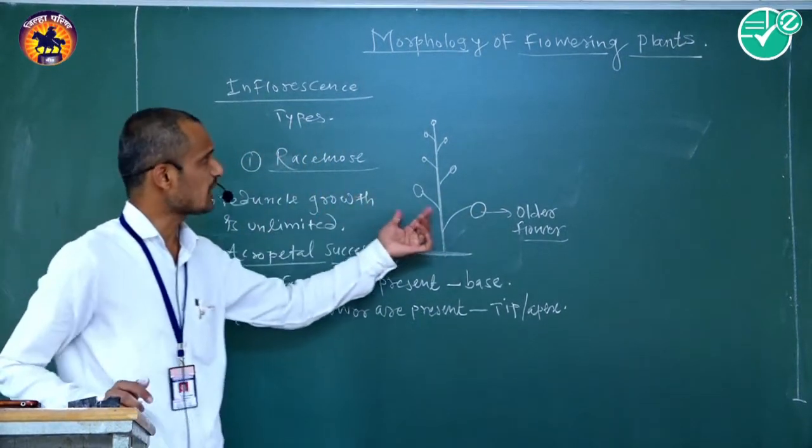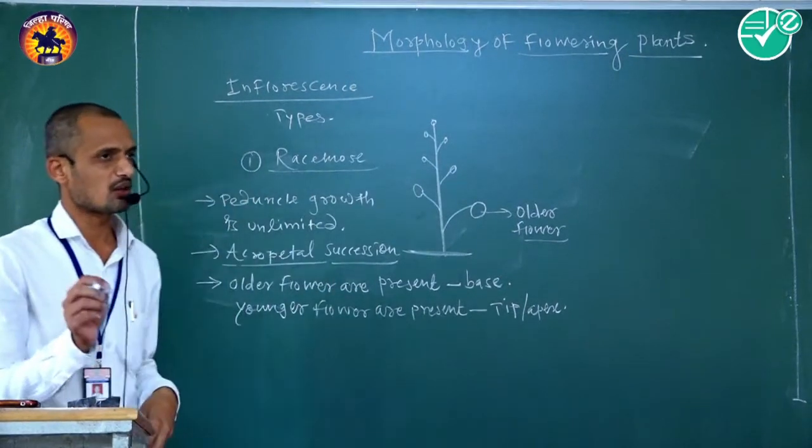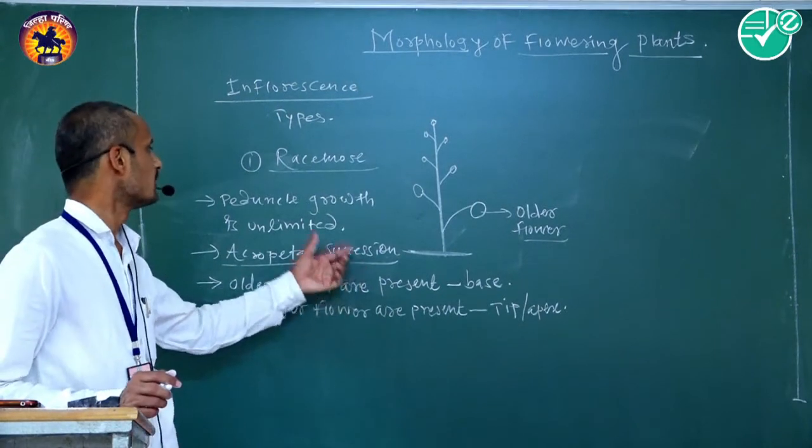Acropetal order means older flowers are present at the base position and younger flowers are present at the tip portion or apex portion. That is the racemose inflorescence. This order is called acropetal succession.